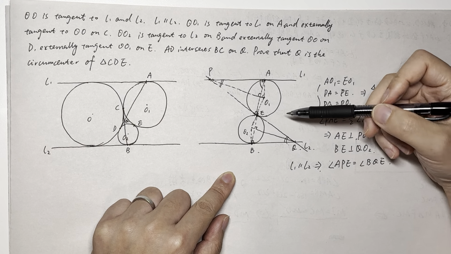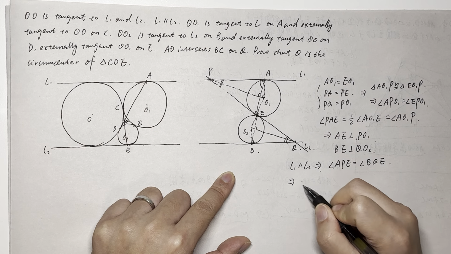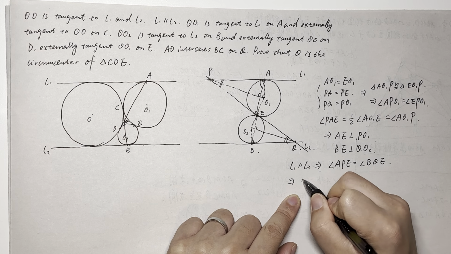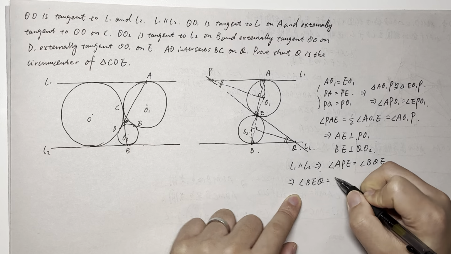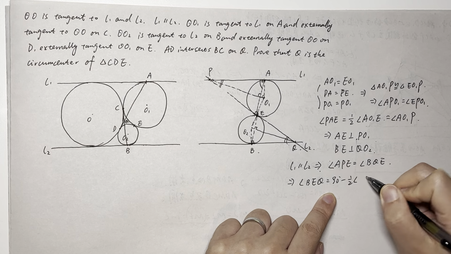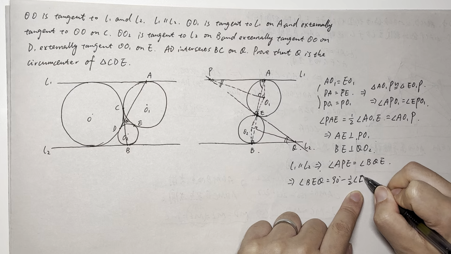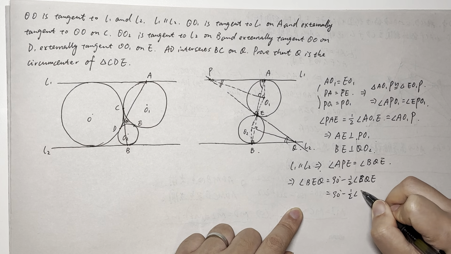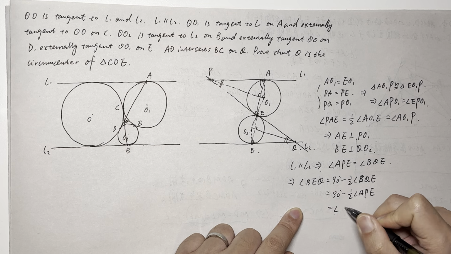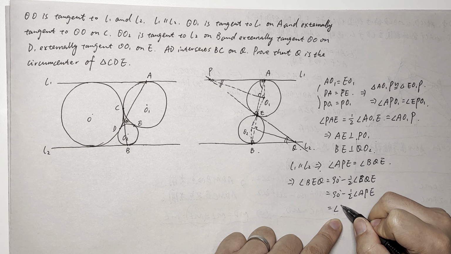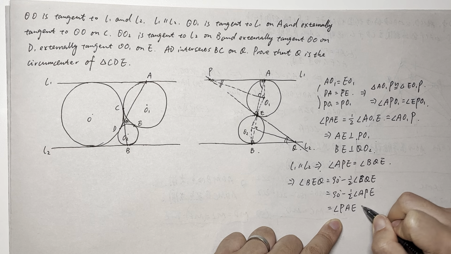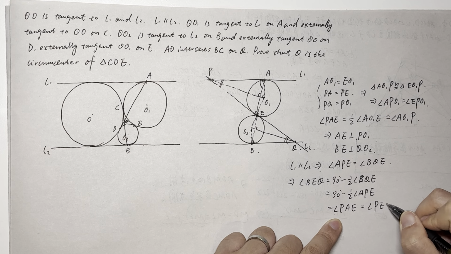Which means angle BEQ equals 90 degrees minus half of angle BQE, which equals 90 degrees minus half of angle APE, which equals angle PAE, which equals angle PEA.